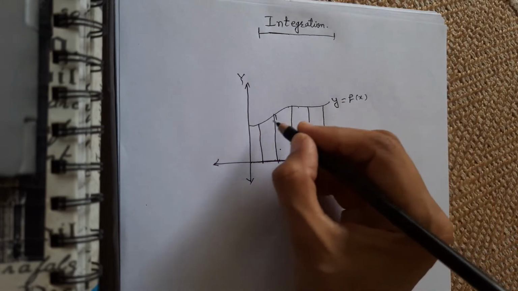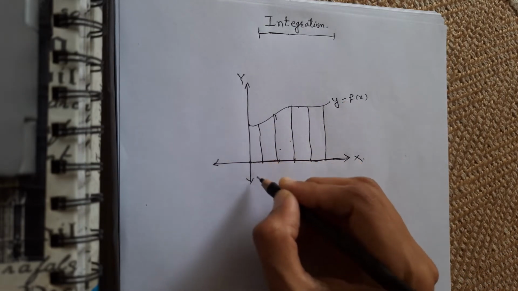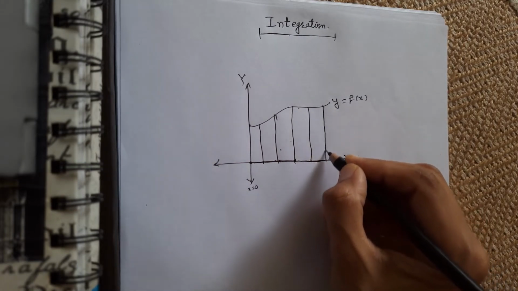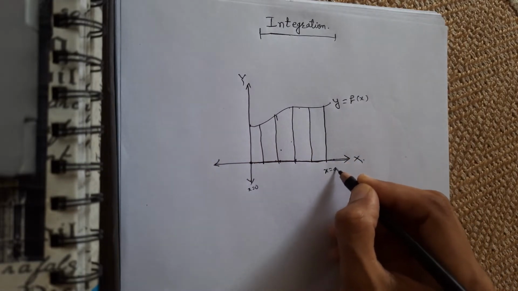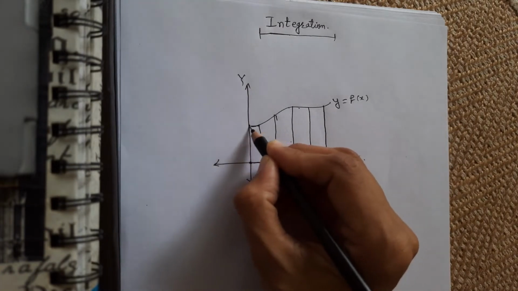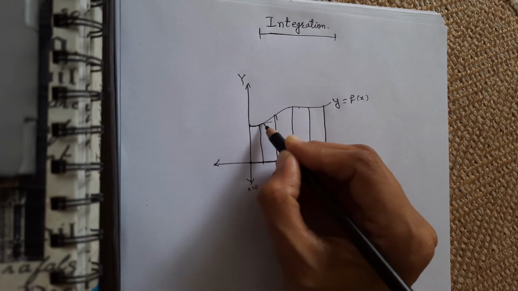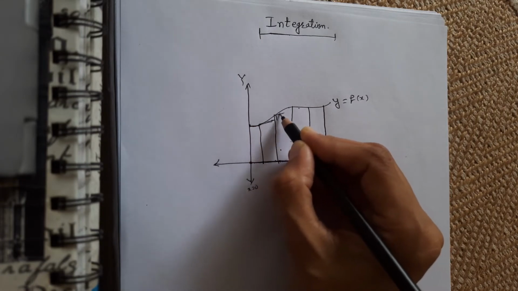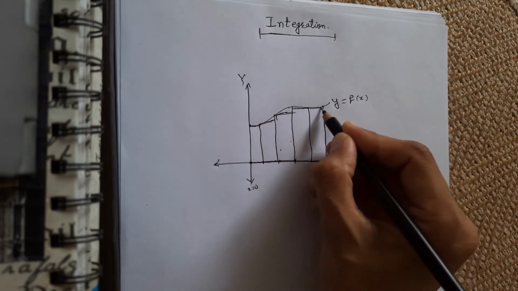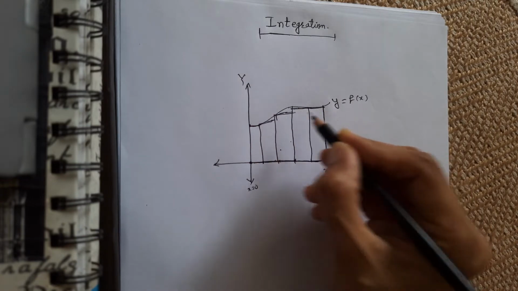Suppose this is the area from x equals 0 to x equals a at some point, and I approximate it like this.